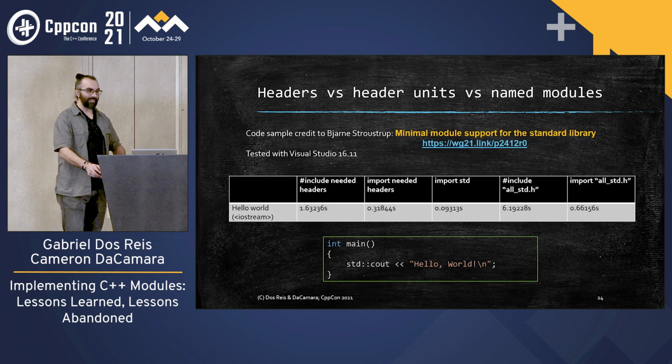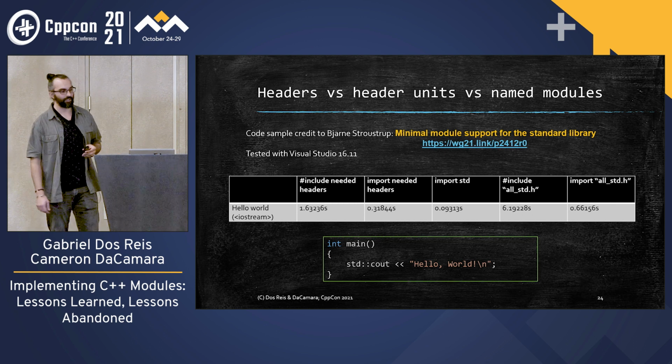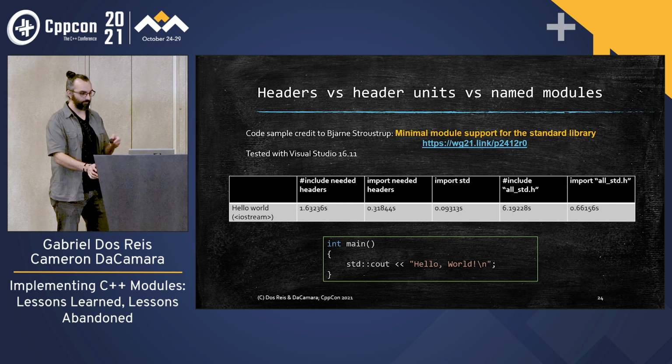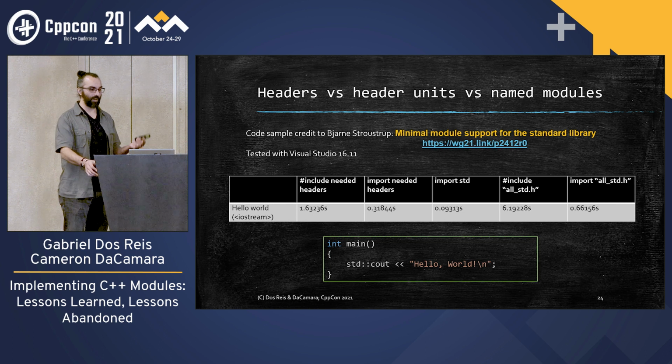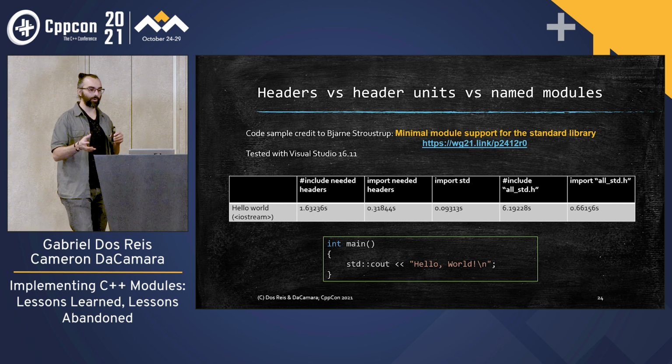Thank you, Gabby. As Gabby alluded to, hash include has some overhead. Let's figure out how much overhead that actually is. These numbers were taken from Bjarne's paper, integrating a minimal support for standard library as a module.